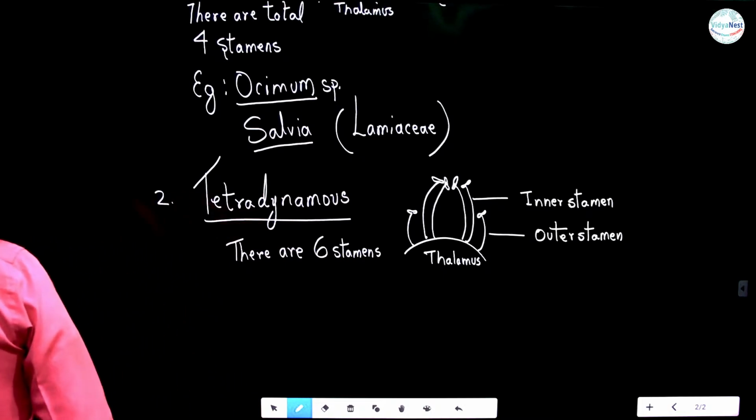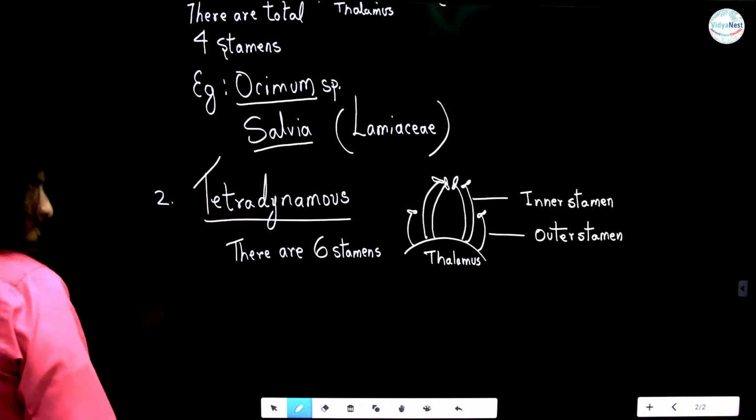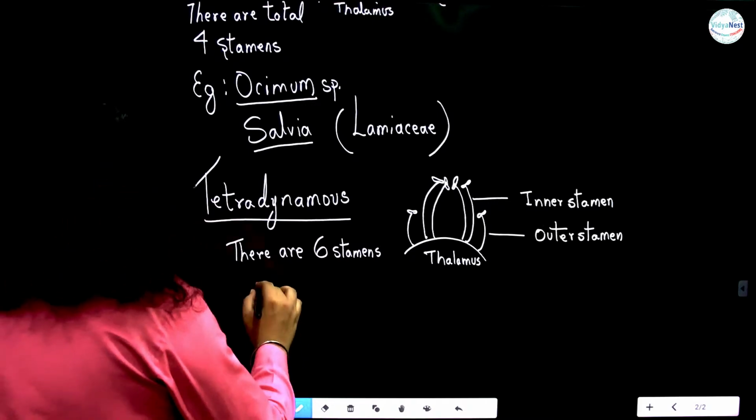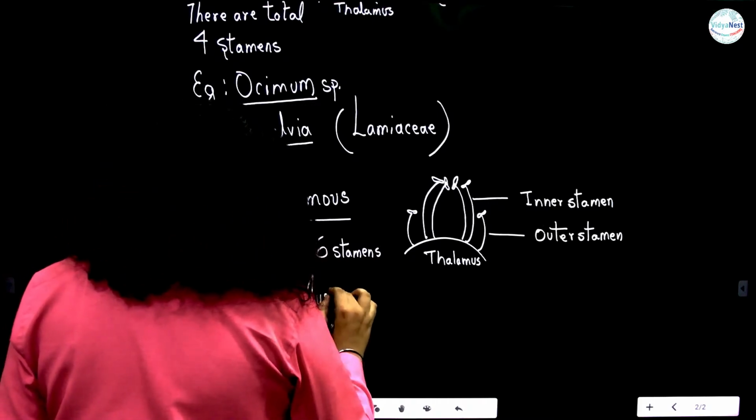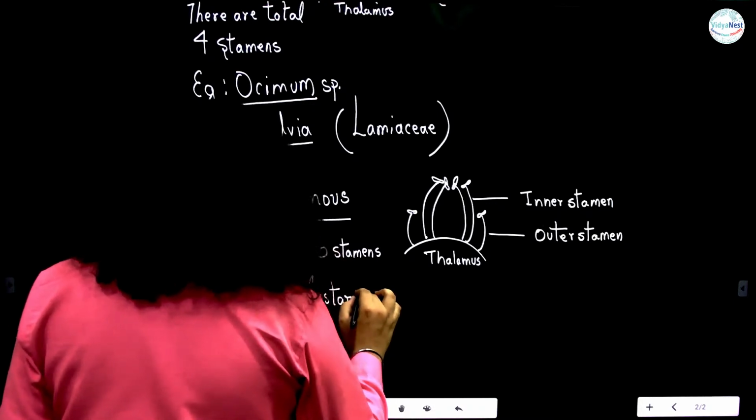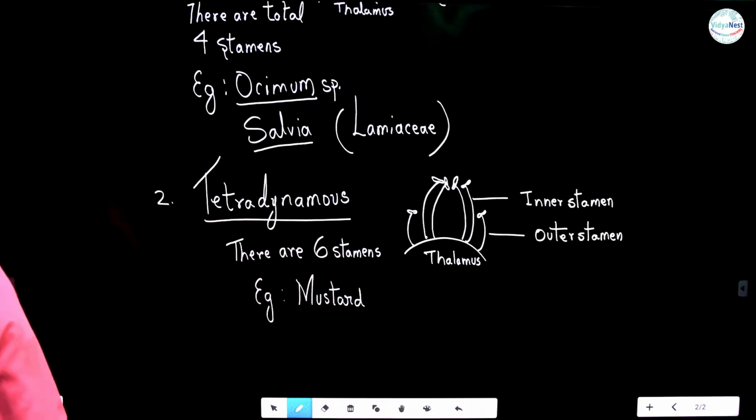Clear? Yes, sir. Clear. It is found in mustard. They are basically found in the Brassicaceae family, the Cruciferae family: mustard, radish.